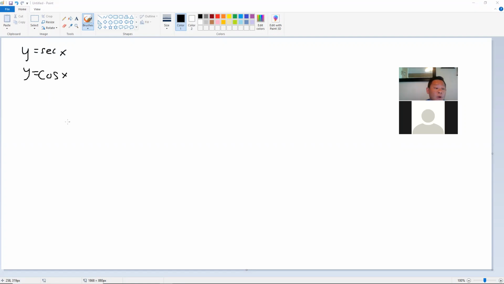And if you remember your cosine graph, it will be a wave, right? So at 0, it will be at 1. At pi over 2, it will be at 0. At pi, it will be at -1. At 3 pi over 2 it is at 0.